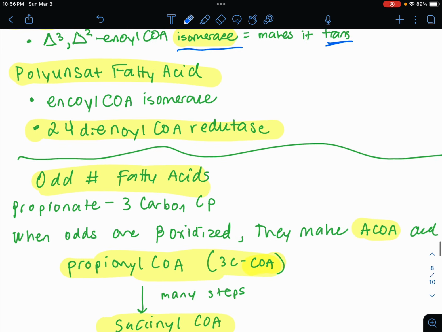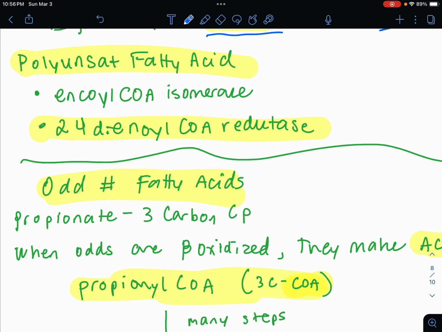For oxidation of a polyunsaturated fatty acid, you're also going to need this enoyl-CoA isomerase, in addition to the 2,4-dienyl-CoA reductase. So you need both the isomerase and the reductase for a polyunsaturated fatty acid.